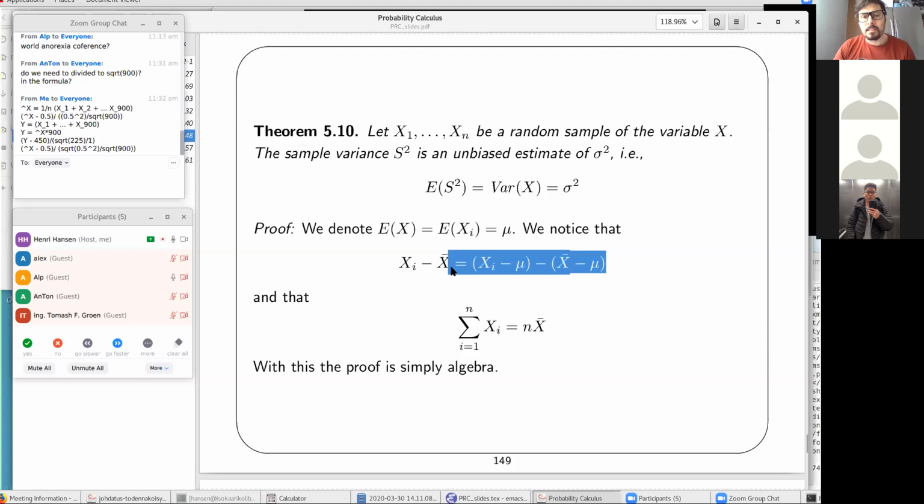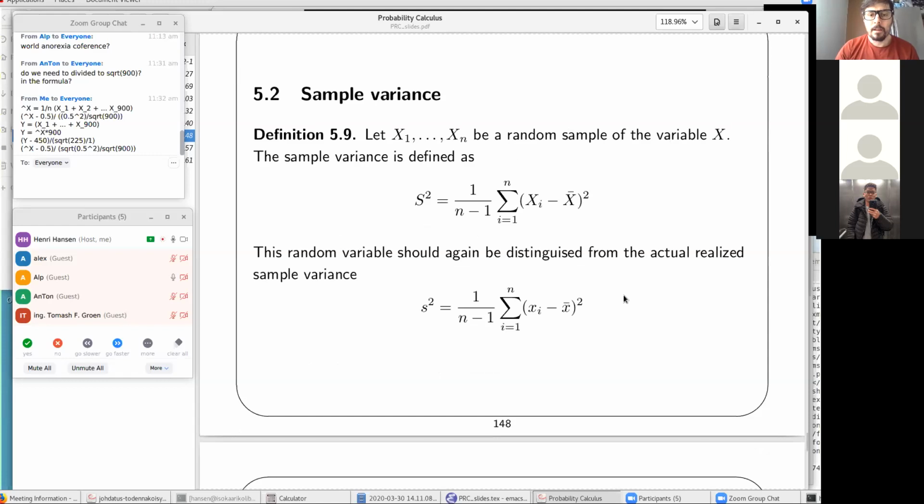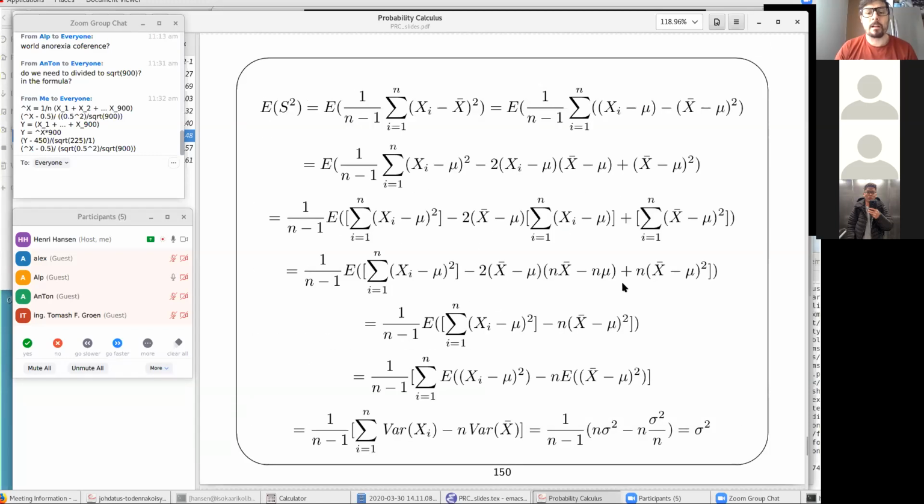We're going to need this. This is kind of an estimate for that, but it's got an error that depends on how big the error is for the sample mean, because the sample mean itself is not absolutely the expected value. Turns out that's why we have this divisor n-1 here. And it's simply algebra.